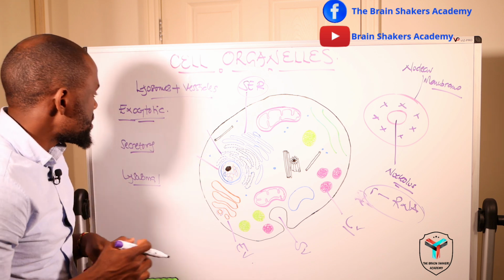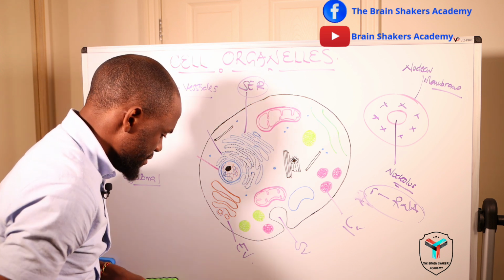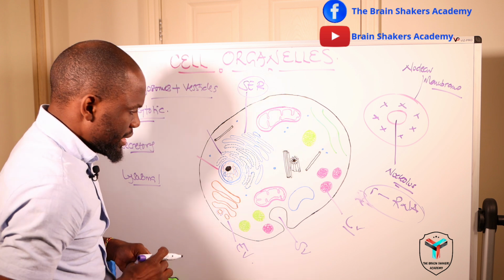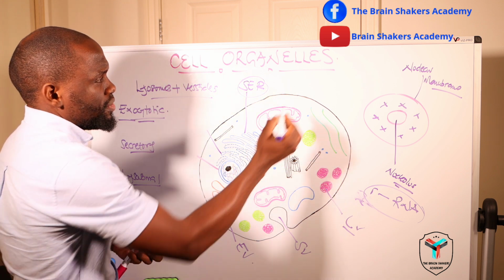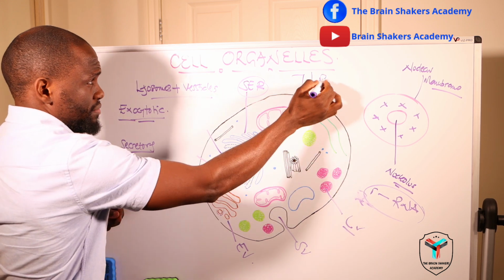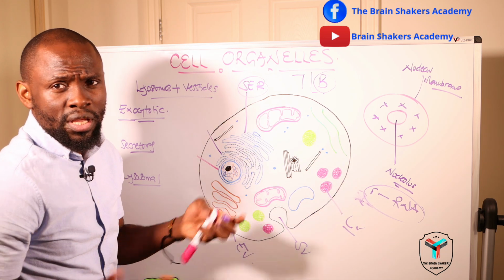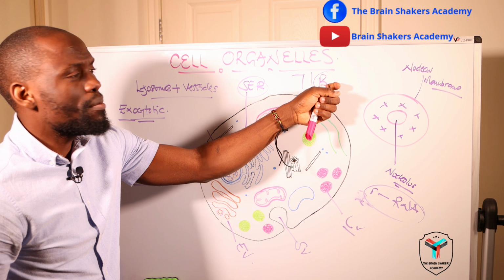So when it produces those exocytotic vesicles, a classical example that I can give here is a cell such as a B cell. So you have obviously T lymphocytes and you have B lymphocytes as well. If you have a B cell, we know that mainly the antibodies are coming from B cells.